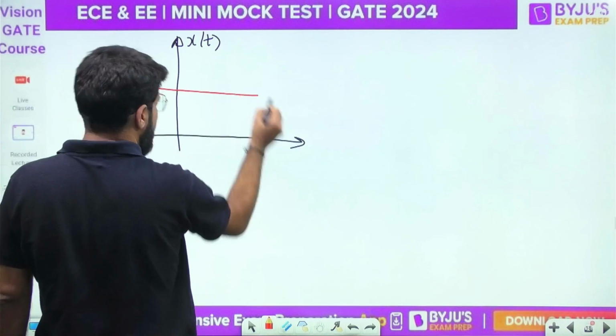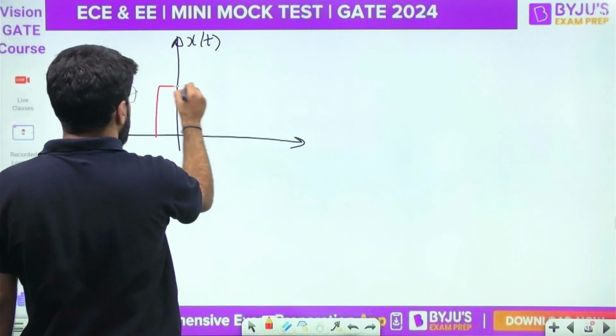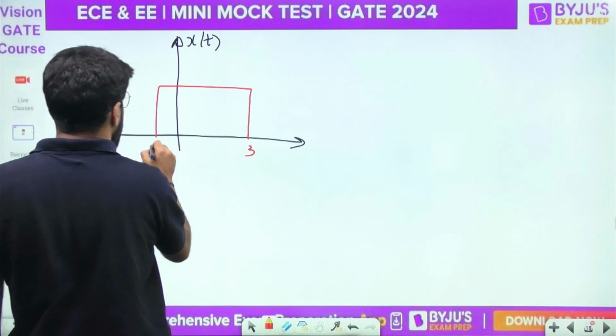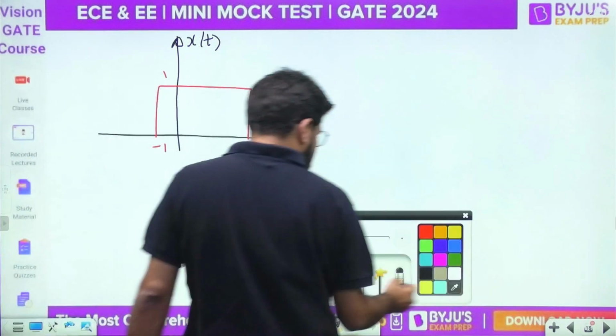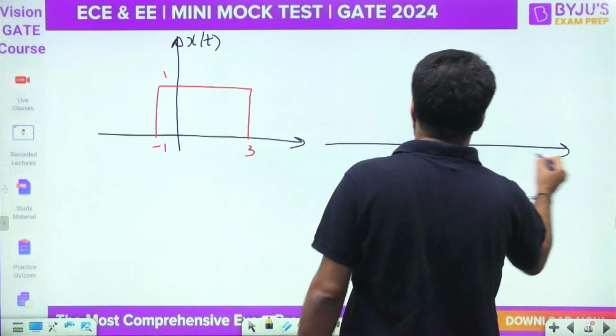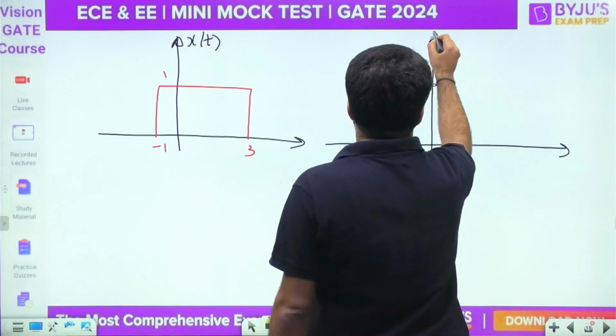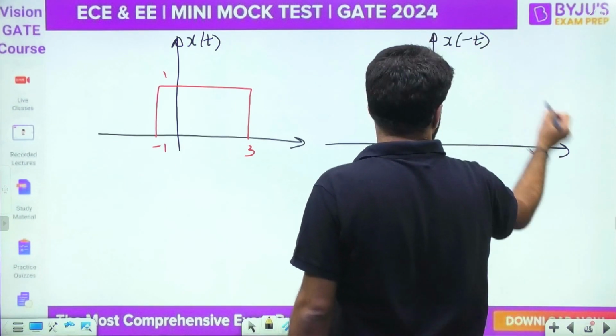It will be a little bit more clear. Let us take a rect of height 1, so that it can be simple for you. Now take its folded version, x(-t).